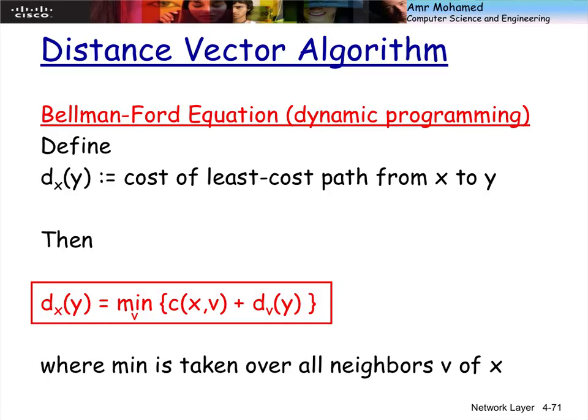Improve means at some point, hopefully I will reach convergence. At convergence, what happens? The cost between node X and all the other nodes is minimum. But can X actually decide this? No. It will keep doing that all the time.